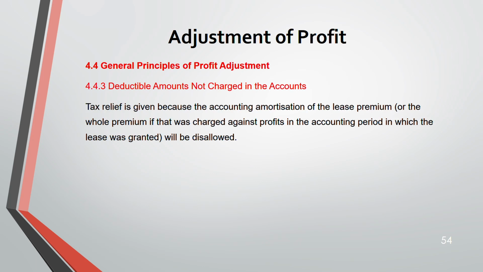So the tax relief is given because the accounting amortization of the lease premium, or the whole premium, if that was charged against profit in the accounts, will be disallowed.